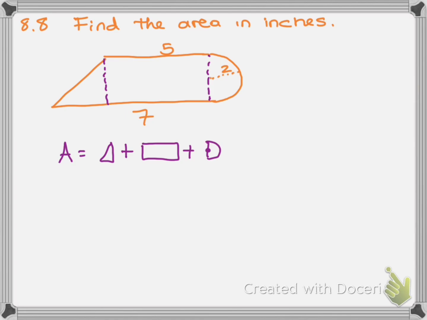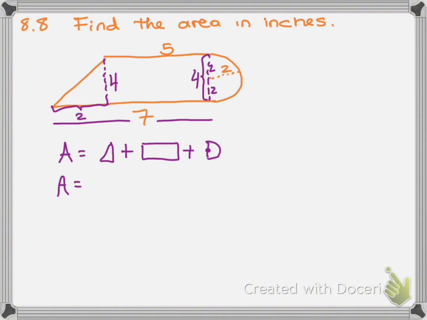We just have to use our formulas from the first page. And remember again that this 7 is all of these. So we have to find what this part here is. We subtract 7 minus 5, which is 2. We also have to find this length, which is 2 radii, because notice this is 2 and this is 2. So that's 4, so this is also 4.